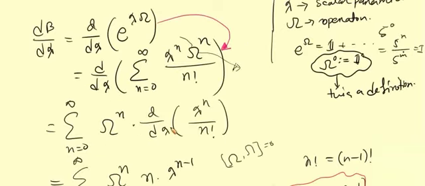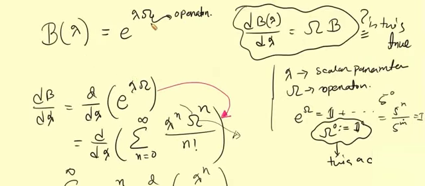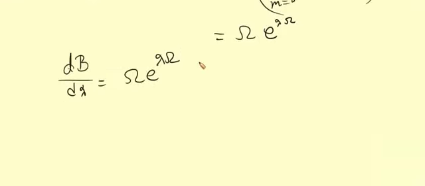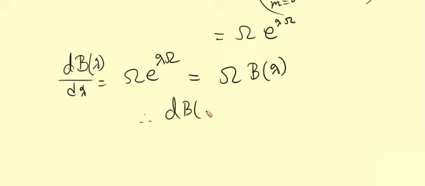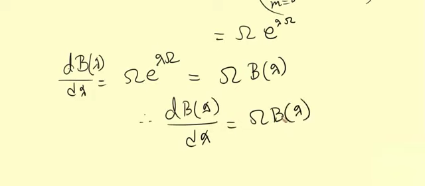But B was what? B was e to the power lambda omega, where B is a function of omega, lambda itself. So let me write it down explicitly. Finally you can write dB of lambda by d lambda equals omega B of lambda, where everything is an operator.